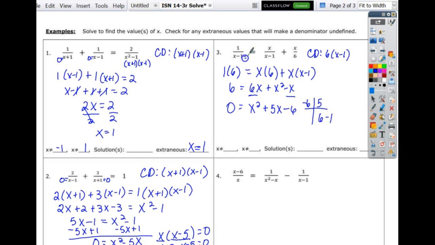So if I set this equal to 0, I can't have 1. So if I factor x minus 1 and x plus 6, the 1 is going to be extraneous, and the negative 6 is the solution.